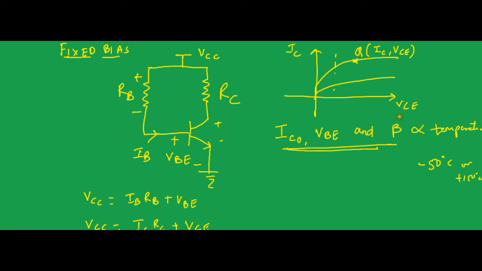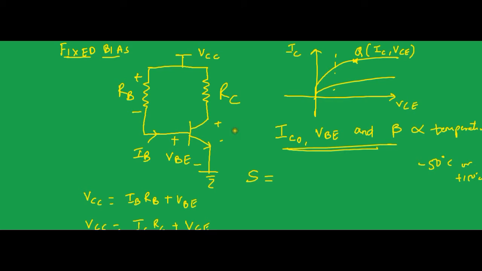So in this video, we'll calculate the stability factor S. As I said earlier, IC, that is collector current, is one of the parameters. We want collector current, once designed, to stay at that value irrespective of change in temperature. However, it may not be possible with fixed bias.